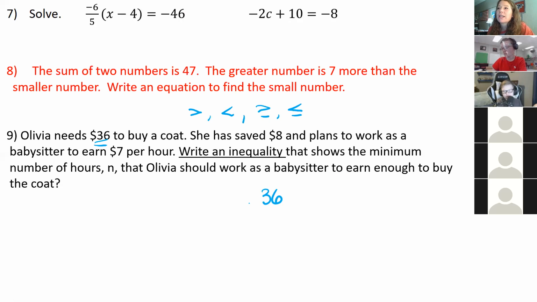So what does our inequality sign have to be? 7n plus 8 is greater than or equal to 36. Exactly. So we know that Olivia needs exactly 36 or greater than $36, right? Since she already has $8 and then she's going to get a job that gets $7 per hour.